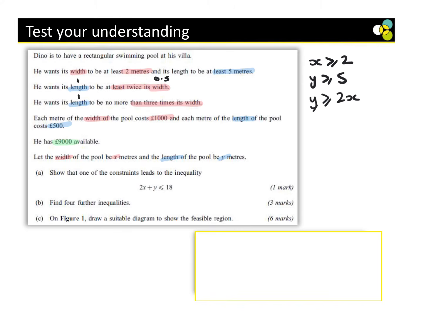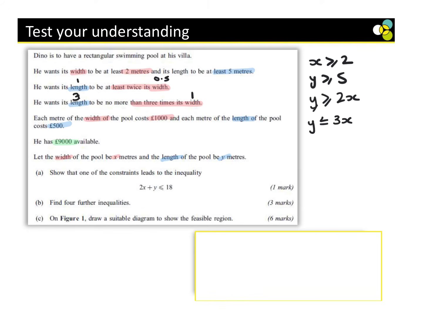He wants his length to be no more than 3 times its width. Okay, I think I need to make this a 1. Let's say the width is 1, 3 times is 3. Y is less than or equal to 3X. He wants its length, so Y has to be less than or equal to 3 times, yes. Is this right? Okay, now remember this is the part I struggle with, so that's okay.